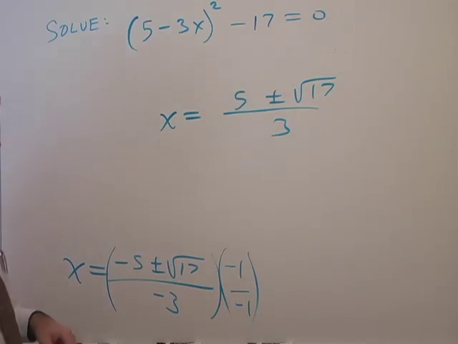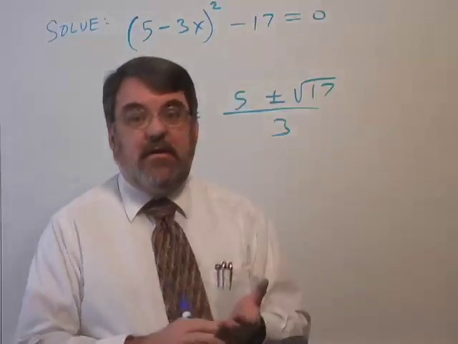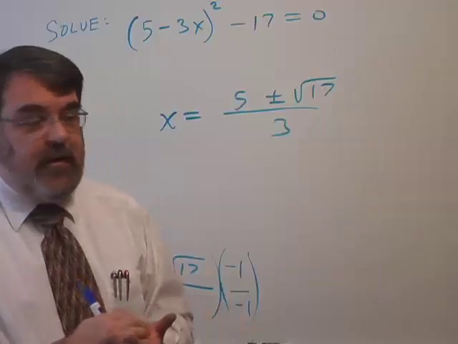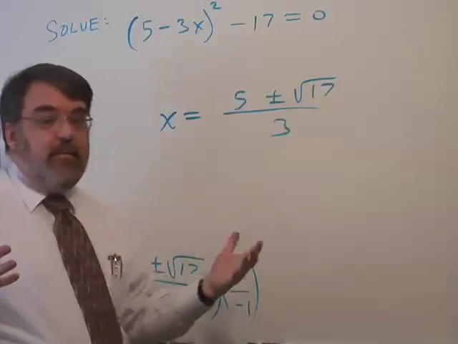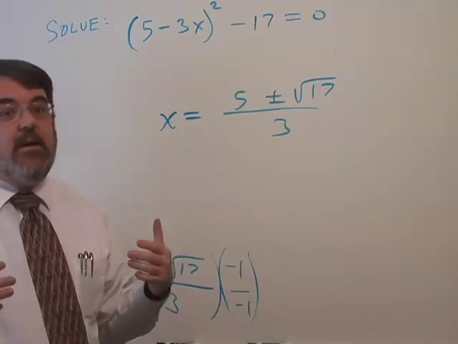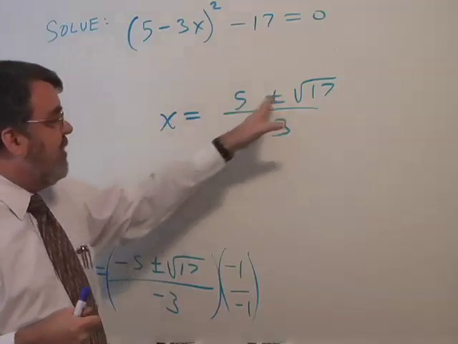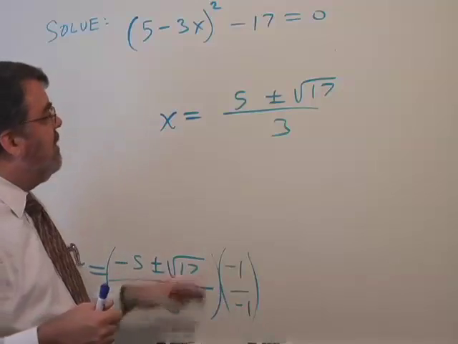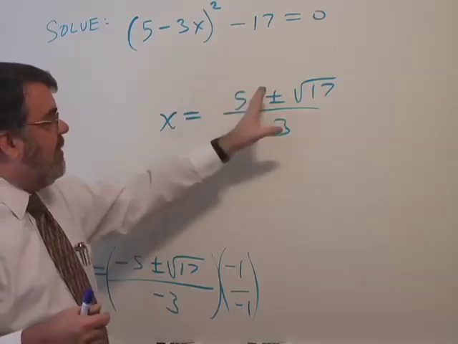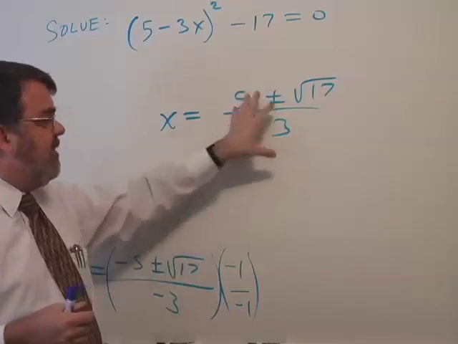So the point of the problem was to separate the constant from the variable term squared, and then to take the square root of both sides and use the plus or minus symbol. The rest of the problem was just algebra, bringing the 5 over and dividing by 3 to get this answer.